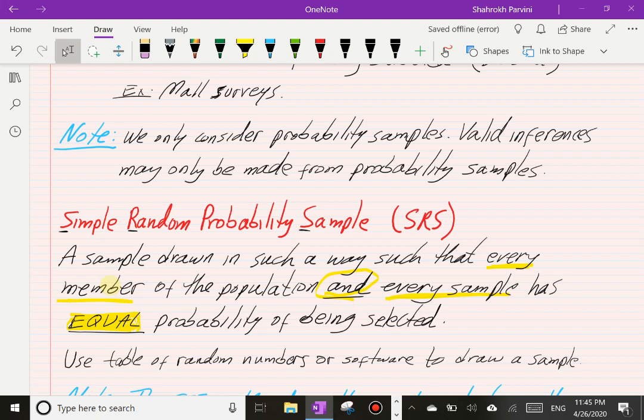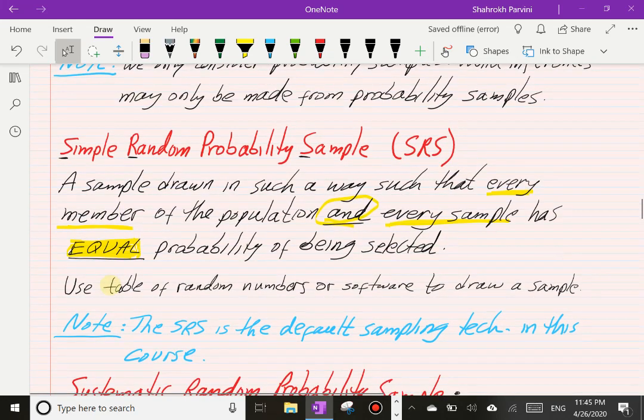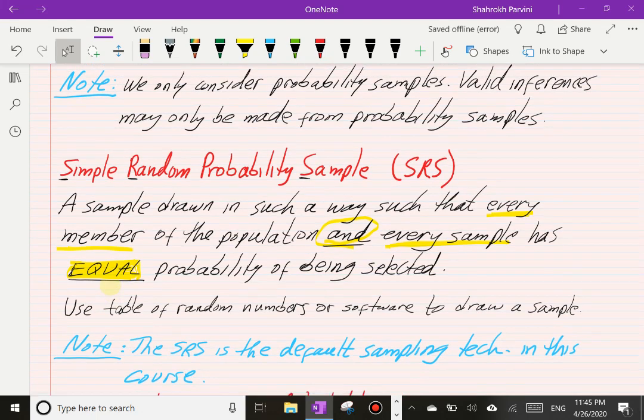Or we can actually draw samples from software, like Minitab, for example. You can draw a random sample from a certain population. Now, the simple random sample, by the way, will be the default sampling in this course. Okay, and let's see.